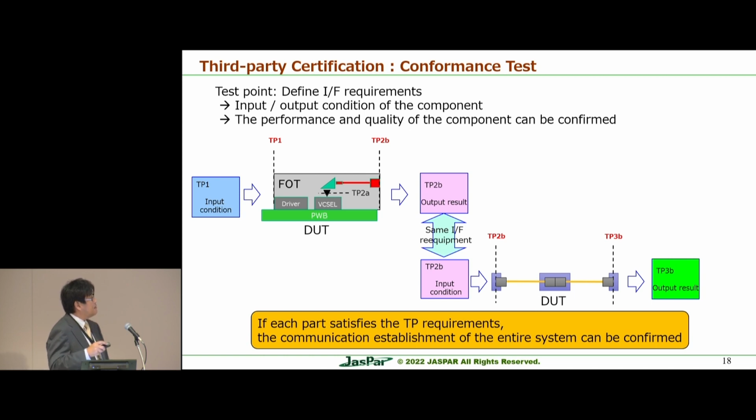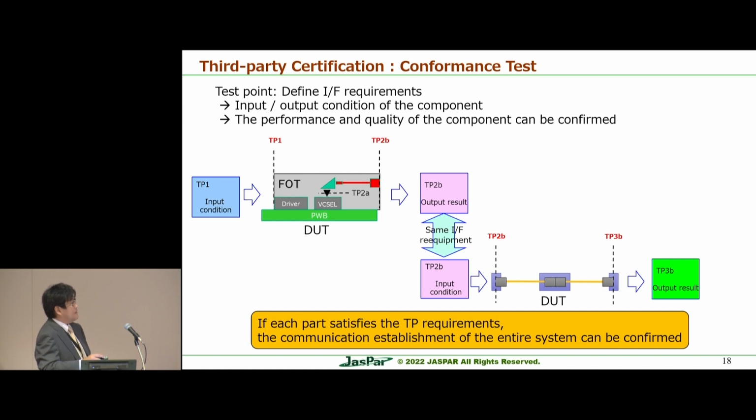And also, we continue to measure the DUT, like an optical harness, for example. So the TP2B condition is also specified as standard, and we input the optical signal to the optical harness, and it can be measured or detected on the opposite side, and the test result can be obtained.